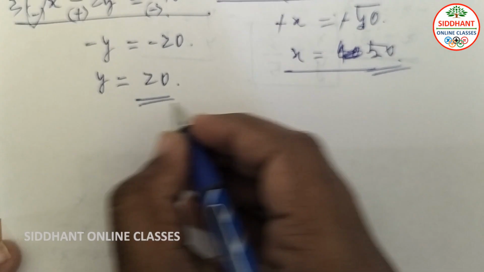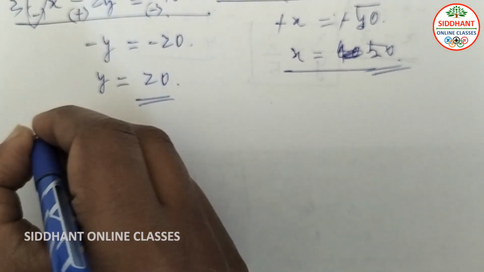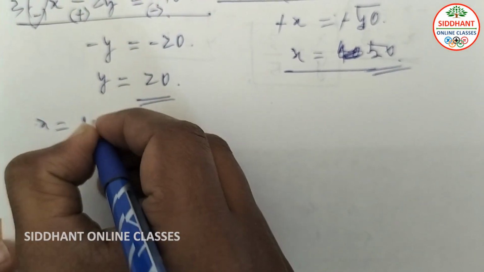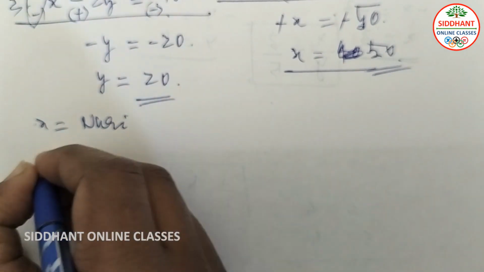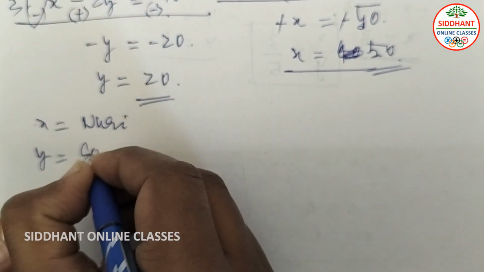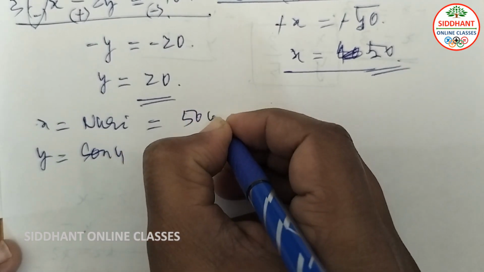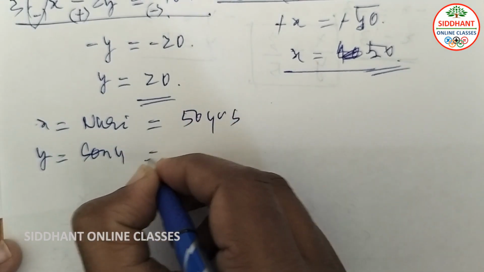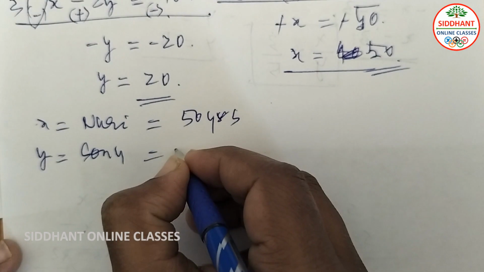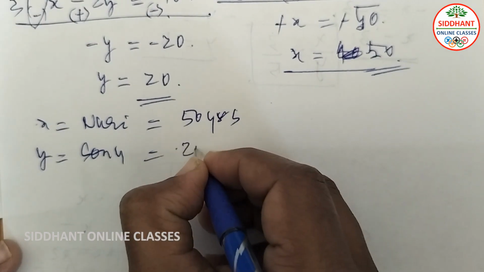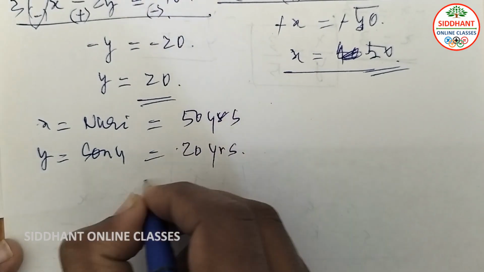Now x value 50, y value 20. That means x is what? Nuri, and y is what? Sonu. So Nuri age will be 50 years and Sonu age is 20 years here.